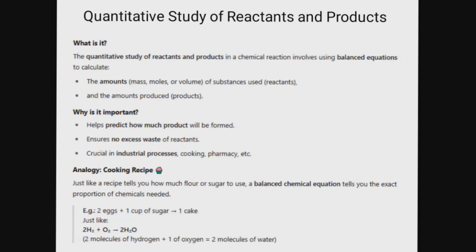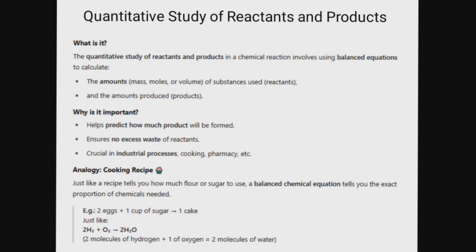Reactant is the substance you use. Remember the difference between a physical reaction and a chemical reaction. I remember that a chemical reaction is that in which new products are formed.